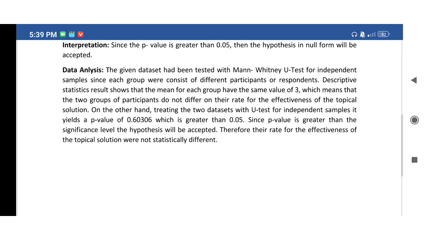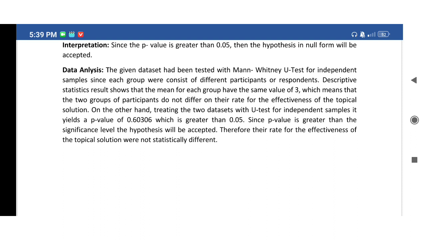Data analysis: the given dataset had been tested with the Mann-Whitney U-test for independent samples, since each group consists of different participants or respondents. Descriptive statistics results show that the mean for each group has the same value of 3, which means that the two groups of participants do not differ on the rate for the effectiveness of the topical solution.